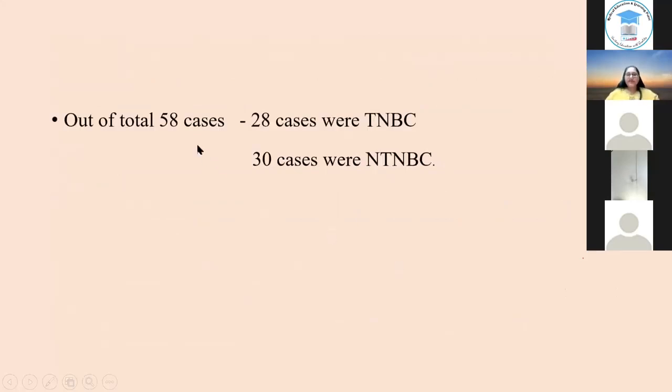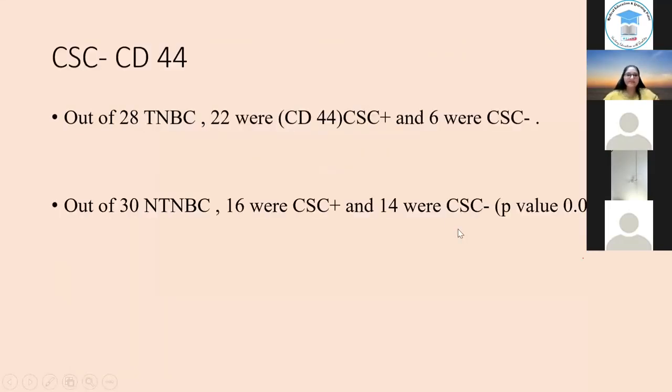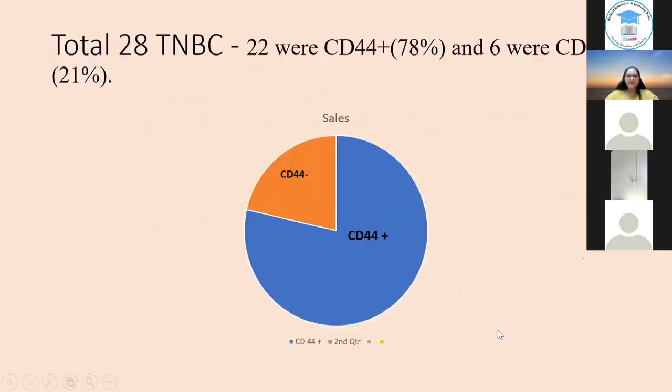So we took 58 cases, a comparable number: 28 for TNBC and 30 for non-TNBC. Out of these 28 cases, 22 were CD44 positive and 6 were negative. Out of 30 non-TNBC, 16 were positive and 14 were negative. So you can say that the percentage of cases positive for CD44, the cancer stem cell marker, is high in TNBC. So this is a pie chart.